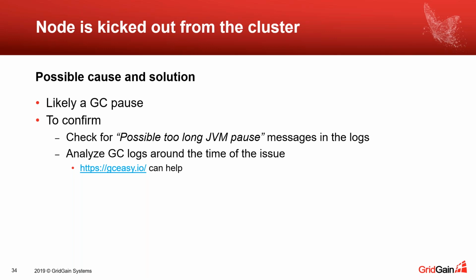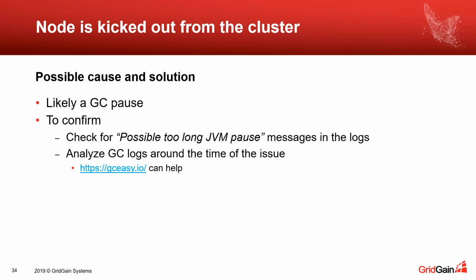After the node started to respond and tried to connect to the cluster again, the cluster responded, hey, we have already kicked you out, we thought you had failed. And because of that, the node says "local node segmented". Usually it will happen due to garbage collection pauses.